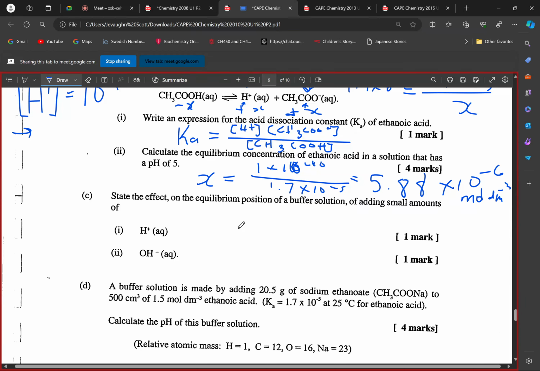Go ahead. Okay, sir. So for the acid, it will form more. When you add the hydrogen ion, sir, it will form more water, sir.